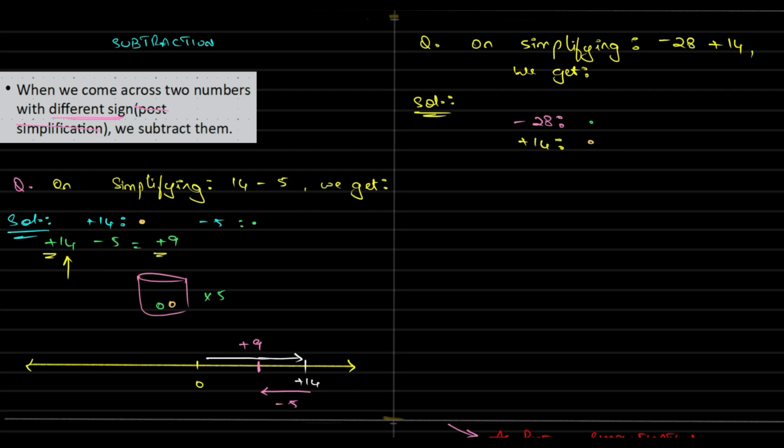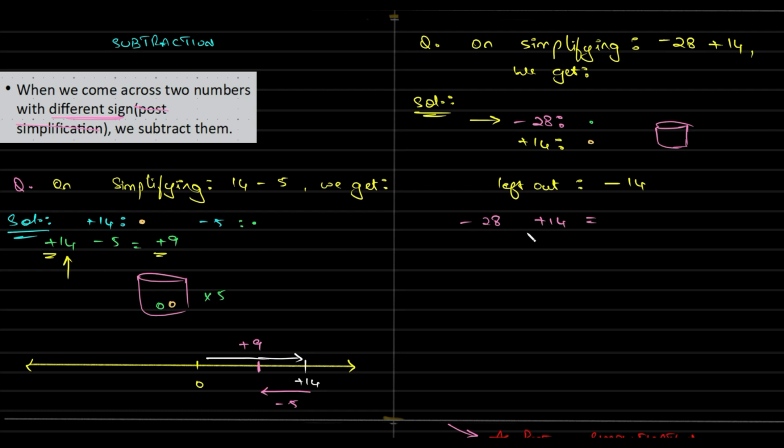So if you make bags out of all of this, what will be left out? Clearly guava will be left out. This is excess, so that will be left out. So at the end of it, you'll be left out with guava, right? And how many? 14 of it.